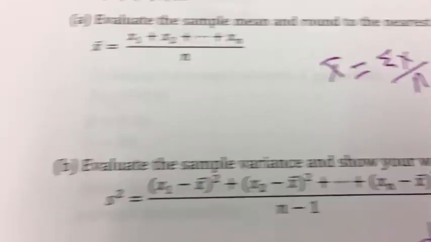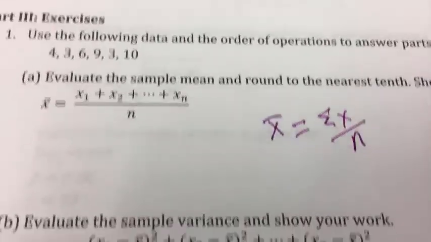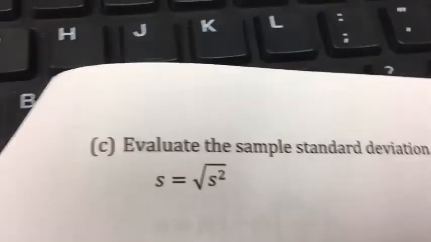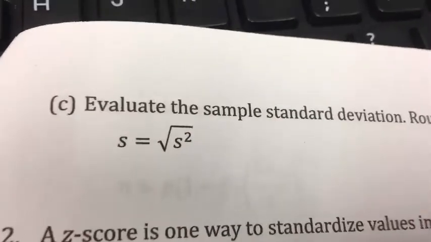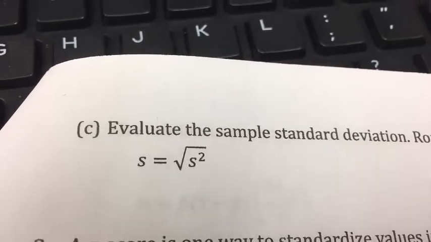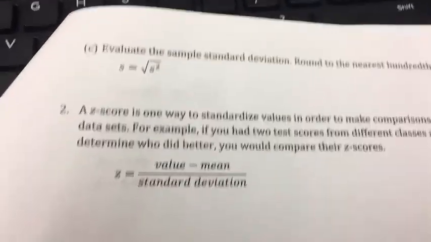You're going to work the numerator, the top part, and then the denominator. Now, once you do that, the s squared part, the variance, you're going to take the square root of that value that you got in part B, and that will be your standard deviation.